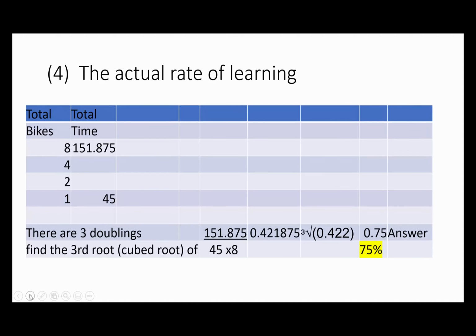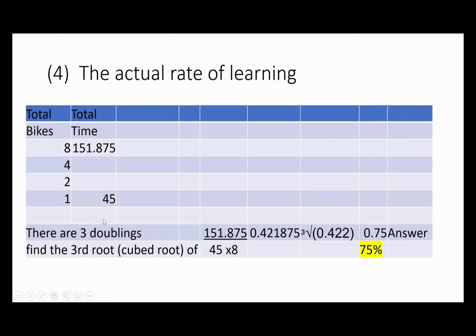And then the learning rate. Well, because it was the doubling effect, I was able to use the rooting approach, and there's been 1 doubling when we went from 1 to 2, a second doubling from 2 to 4, and a third doubling from 4 to 8.